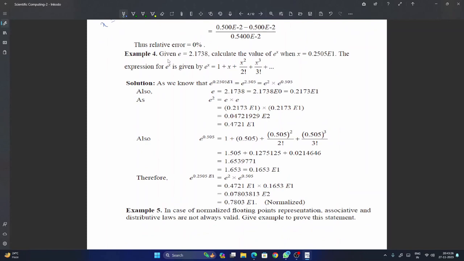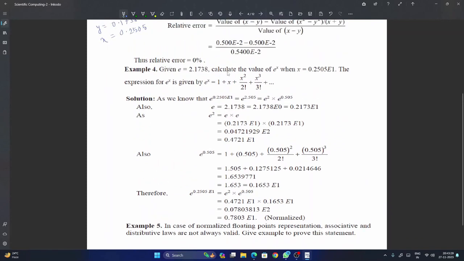So in example 4 also there is one such type of problem. A value of e is given, and for the value of e to the power x, you all know the series. If you want to calculate e to the power x at that point, suppose 0.2505 e1, then the machine will calculate it by using the series, and that is the actual value of e, up to 4 decimal places.